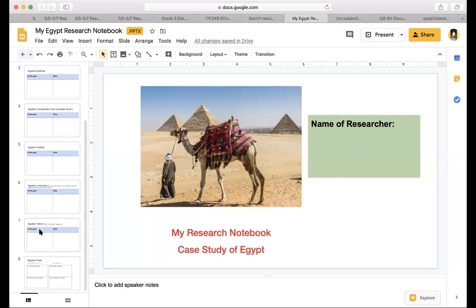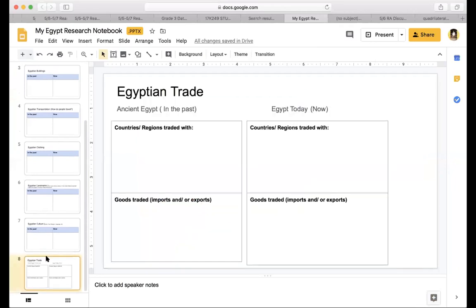You're going to scroll down to Egyptian trade, and you are going to type in the countries that traded with ancient Egypt in the past and the goods that they imported or exported long ago. And then you're going to do the same thing on this side, but for Egypt today. You're going to write down the countries that Egypt trades with today and some goods that they import or export.